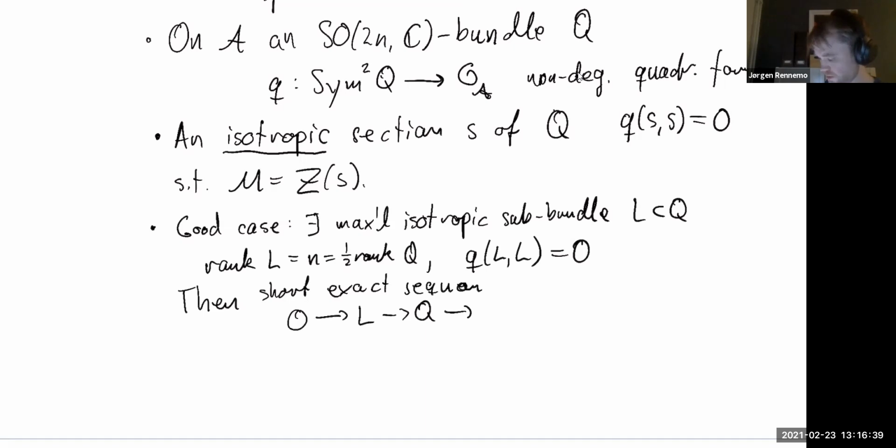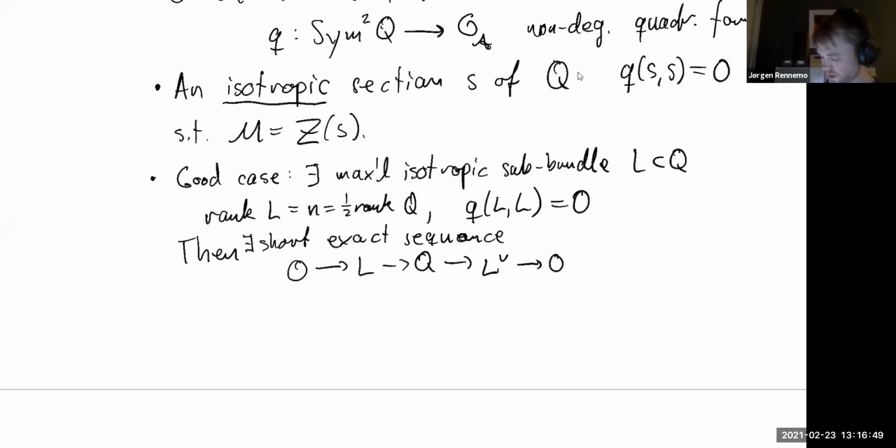You have a map of bundles, but the quadratic structure on Q tells you that the cokernel is isomorphic to L dual, right? So if you work locally, you can always just pick a maximal isotropic subbundle, and this always exists locally, but for this to exist globally on A, that's a kind of special thing, and you really shouldn't expect that to be true in all cases.